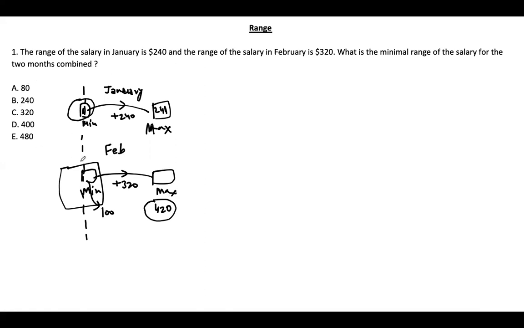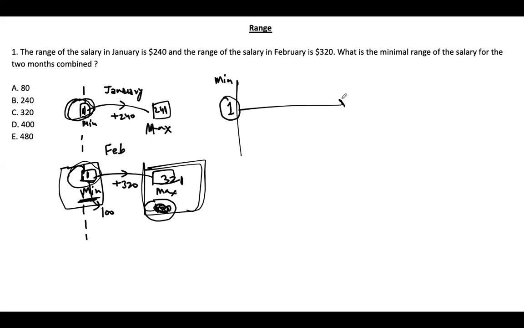Okay. But can you minimize this as well? Yes. What can be the minimum value? 1. So what will be this value? 321. So this is the max value and this is the minimum value. So I'm saying essentially that the minimum value is 1 for both January and February, and the maximum value is 321.